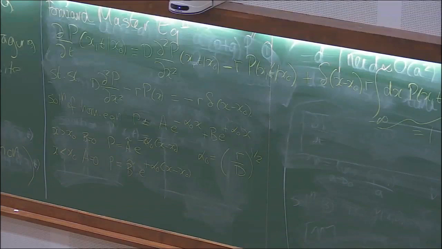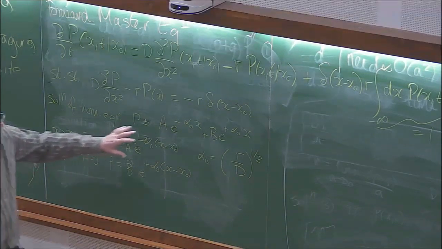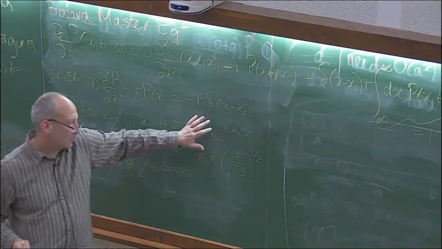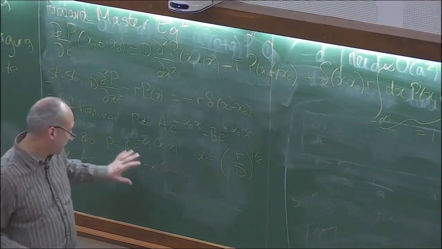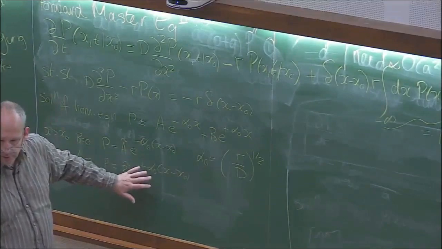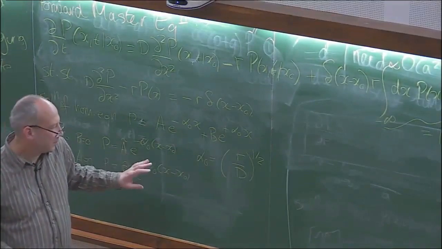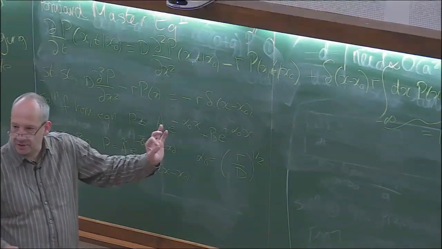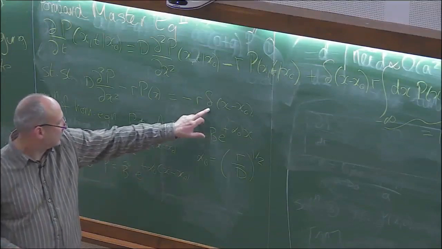We had to worry about x goes to infinity, but we had a boundary. Here there's no boundary, so we have to worry about what happens at the delta function. Actually what happens is that our function has two different forms. The rule is that we expect the function to be continuous, but the delta function will actually introduce a discontinuity in the derivative.